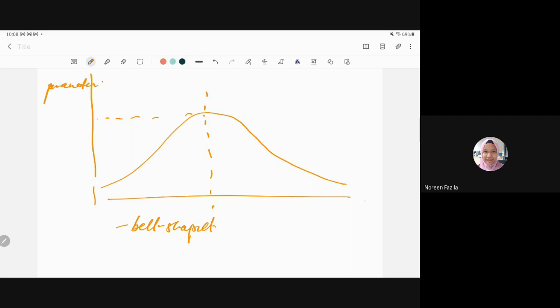And this is the percentage, for example, the percentage of the population. So this is 50%, for example. So there is low population at the peripherals, at both ends, but very high population at the middle.